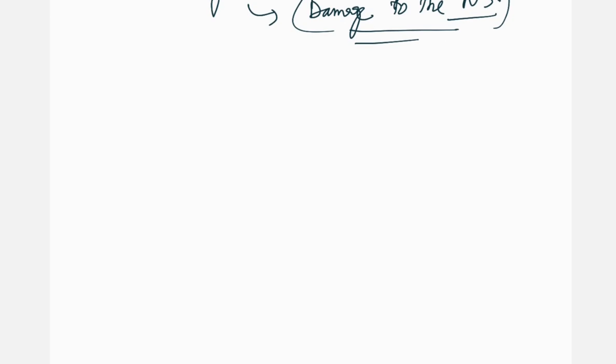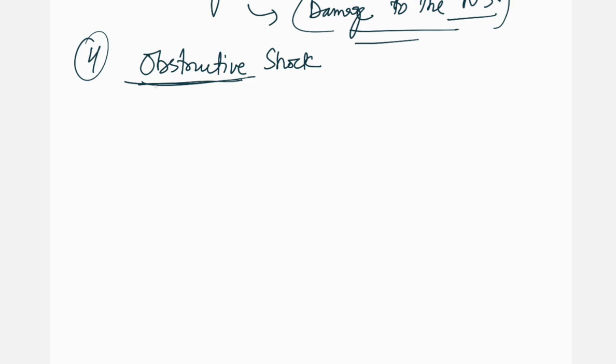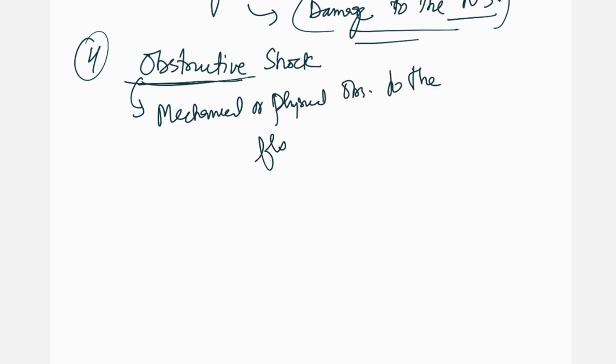Now moving on to the last type of shock, which is obstructive shock. If we define it by its name, obstructive means it happens when there is a mechanical or even physical obstruction to the flow of blood.